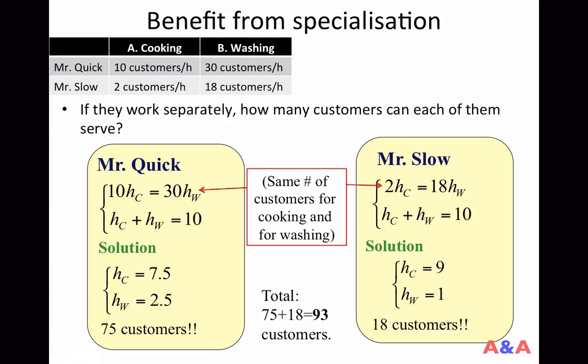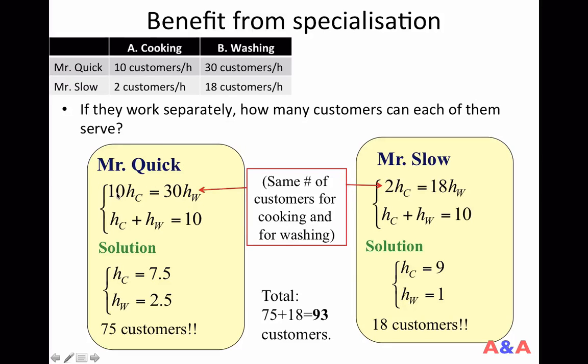To answer that question, let's denote by HC the number of hours he spends on cooking and by HW the number of hours he spends on washing. Because both cooking and washing are necessary to serve one customer, the number of dishes he cooks and the number of dishes he washes should be the same. And that's what the first equation means.